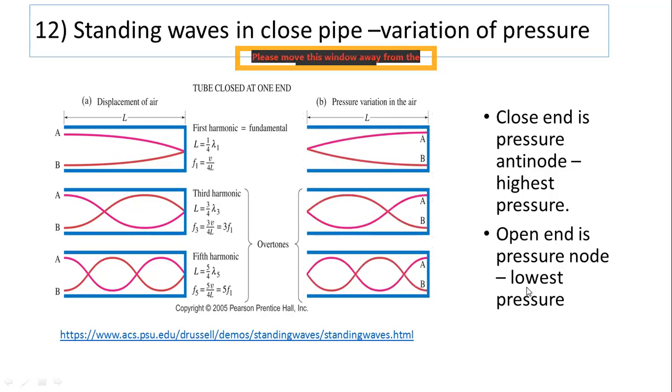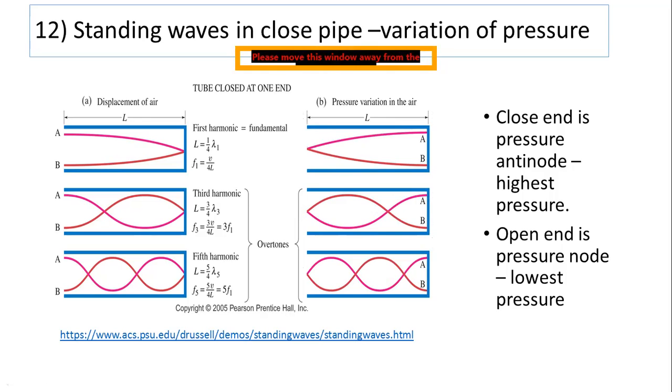That's how it is completely different from your displacement of the air particle. So that is your pressure node, pressure antinode. High pressure, low pressure, zero pressure, or atmospheric pressure.